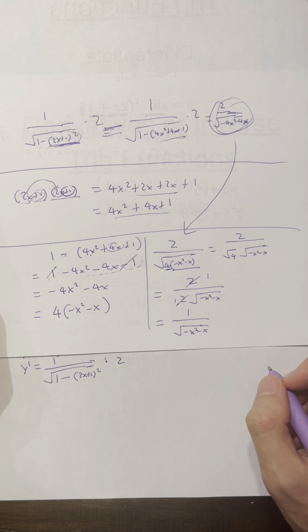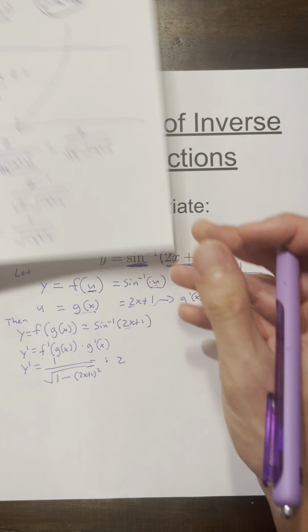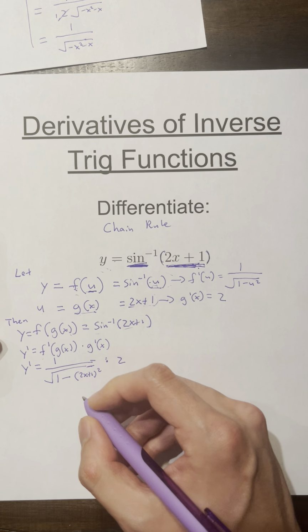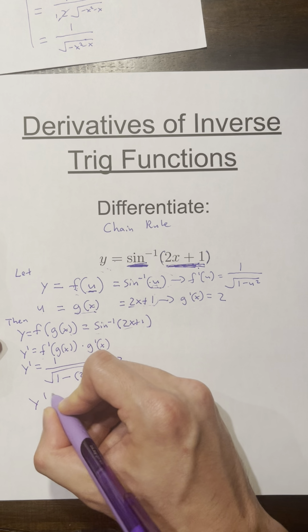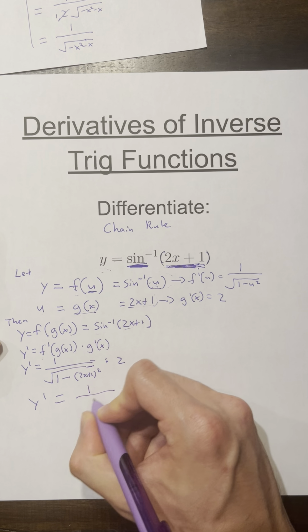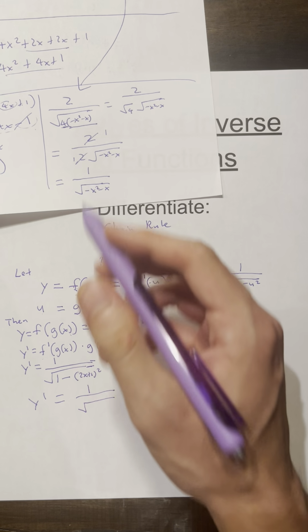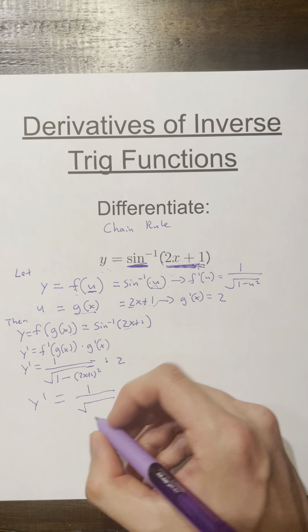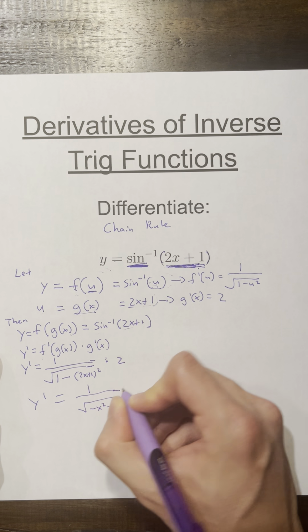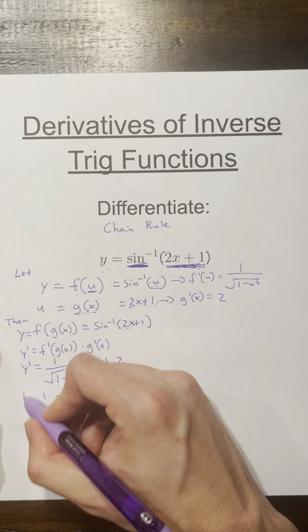All right. Let's go ahead and write that down. So y prime is equal to 1 over square root of negative x squared minus x. This is your answer.